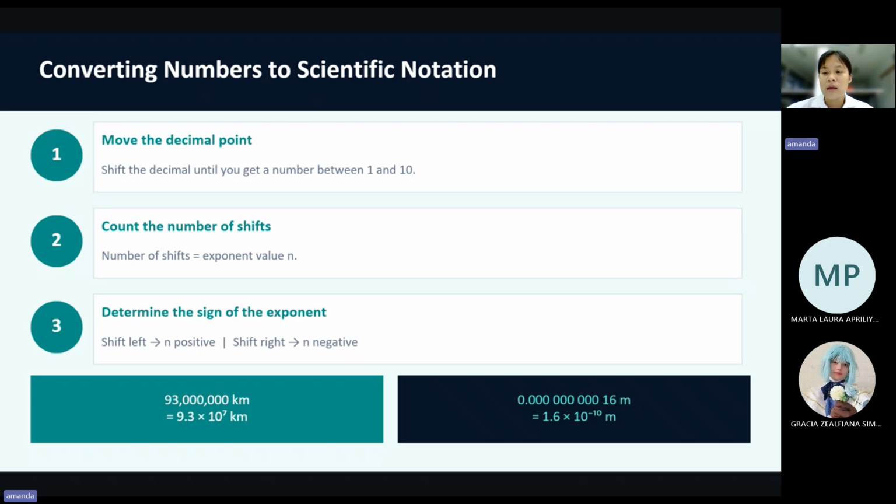We write that as 1.6 times 10 to the power of negative 8 meters. Now, let me show you an important rule. Shift left means exponent positive. Shift right means exponent negative. Let's try a few examples together in class later.